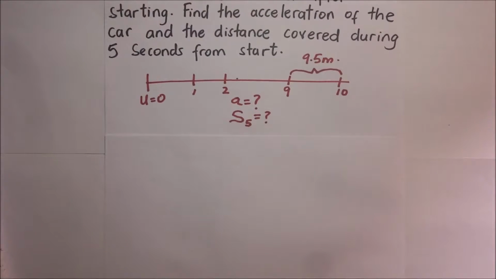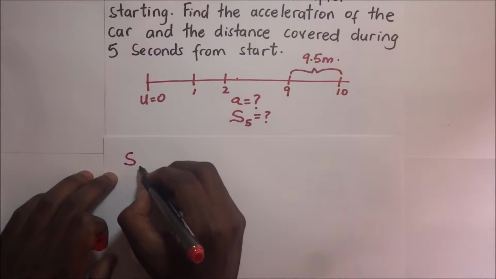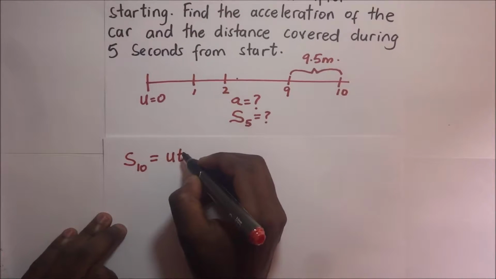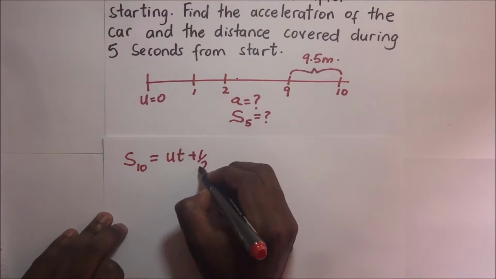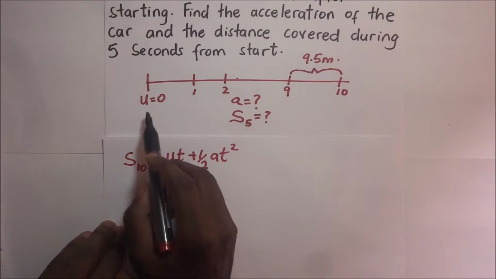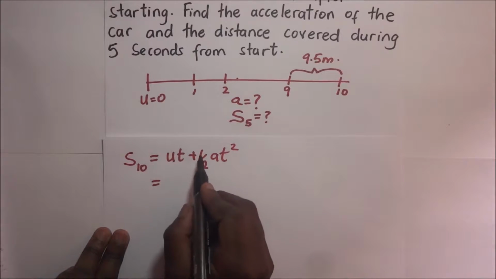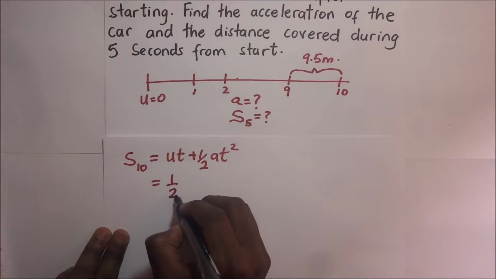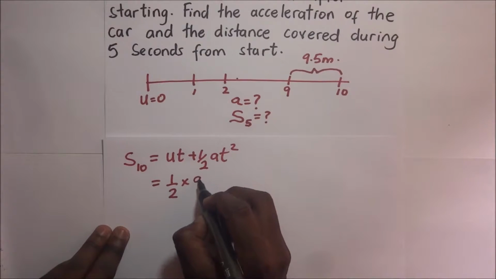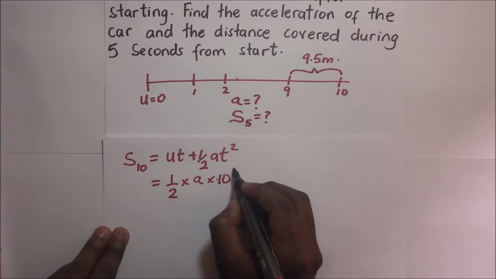So it means in this case we are going to get the distance covered after 10 seconds, S10, is going to be equal to ut plus a half at squared. But we know that u, initial velocity, is 0, so 0 times t, this whole thing is 0, plus a half times acceleration, which you do not know, which you're looking for, times time squared. t is 10, so it is 10 squared.